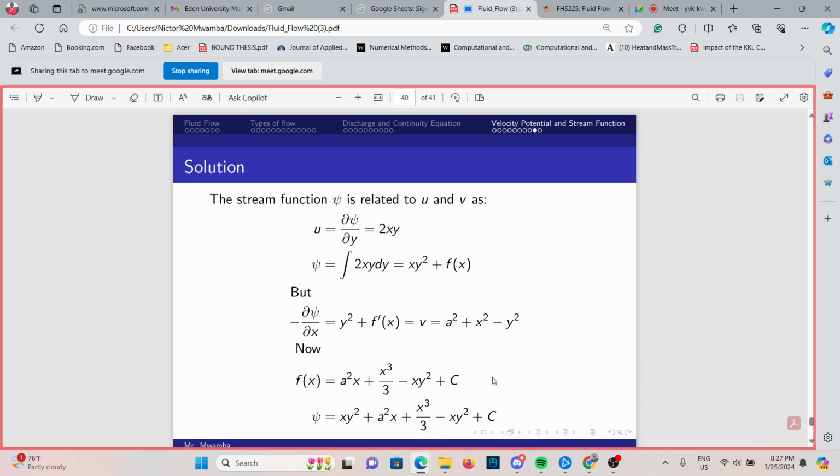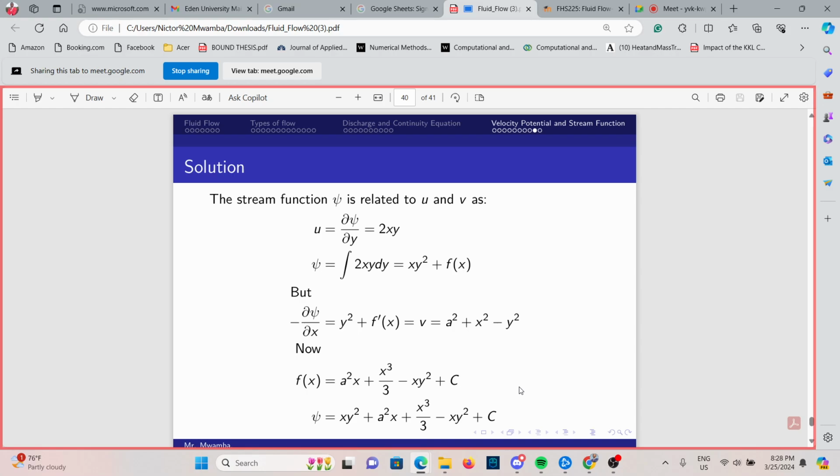Plus now a constant. Now this constant, we cannot say it could be a function of y, because we're already coming from a function of y. If it were a function of y, we would be implying something inconsistent.